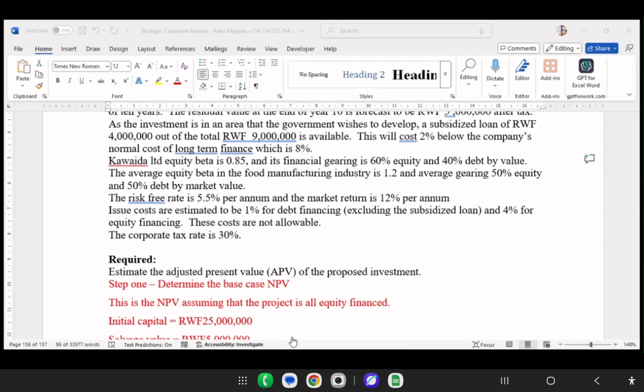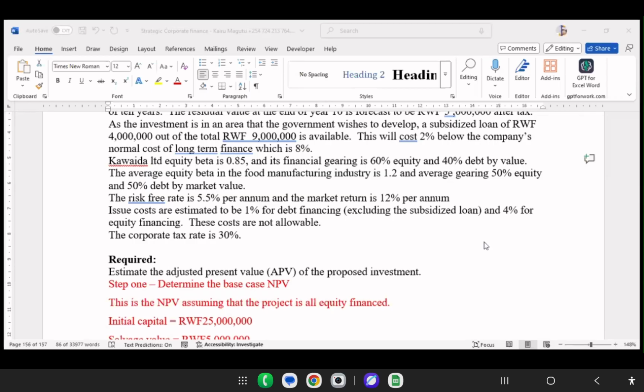That one I knew it would be an issue to choose. Everyone has said industry beta. I say no, it is not industry beta.